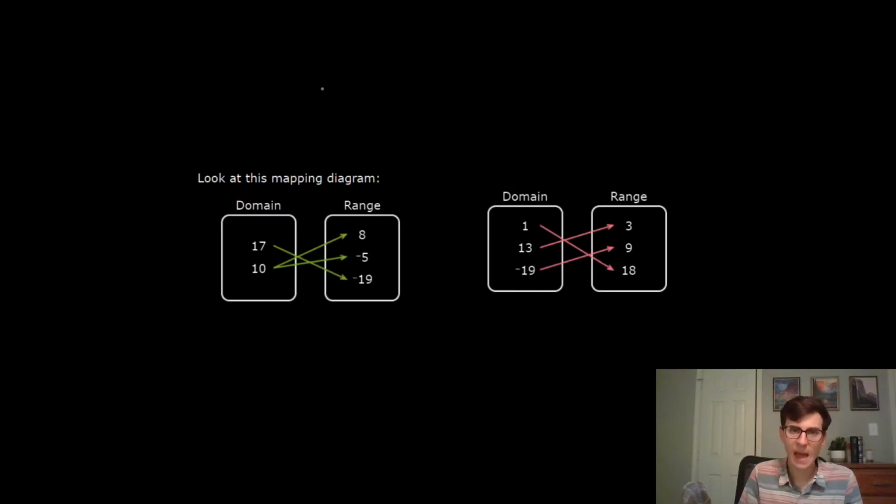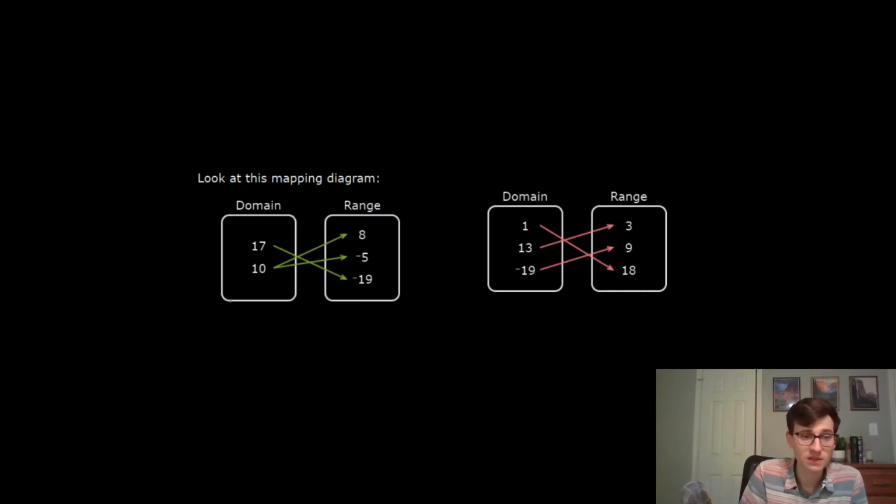Look at this mapping diagram. Okay, so again, we're looking for one value in the domain going to only one value in the range, not going to two values in the range.